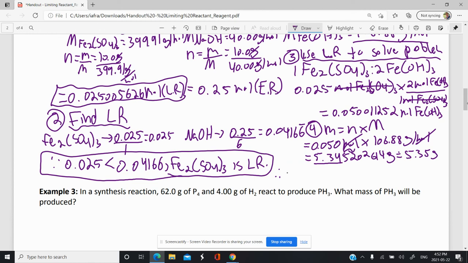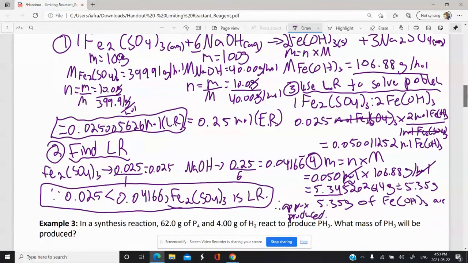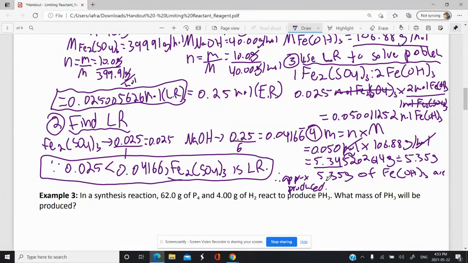So therefore, approximately 5.35 grams of Fe(OH)3 are produced. So my limiting reactant will run out. I'll have some excess NaOH, and later on we'll learn how to find that excess, but with the limiting reactant running out, we'll produce 5.35 grams of the Fe(OH)3.